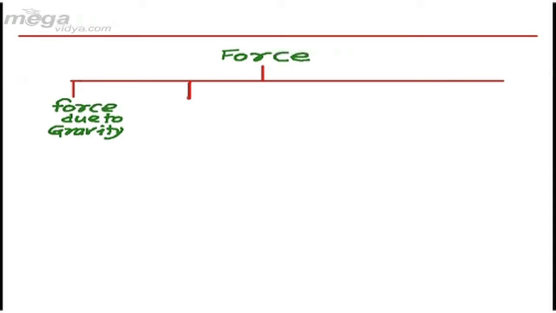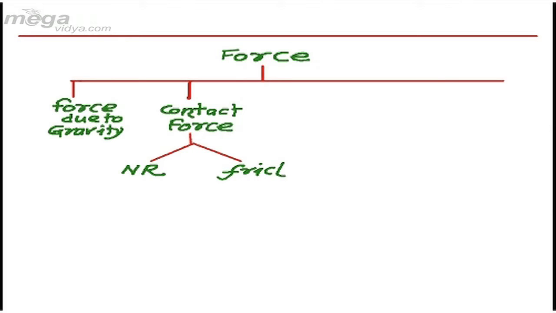The other type of force which we will include here will be the contact force. This contact force is further classified into two types. One is normal reaction and other is friction.